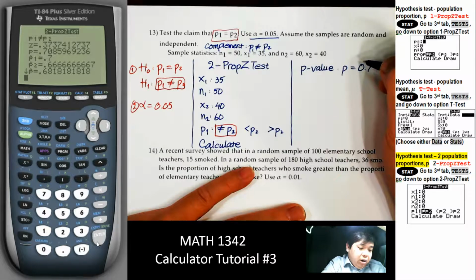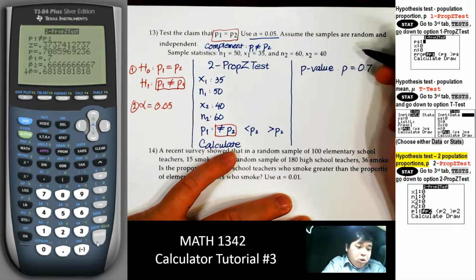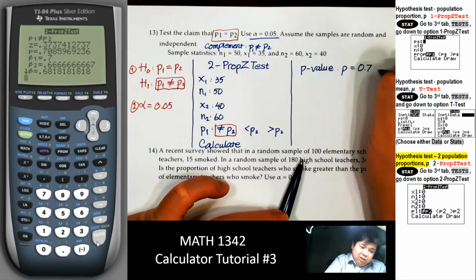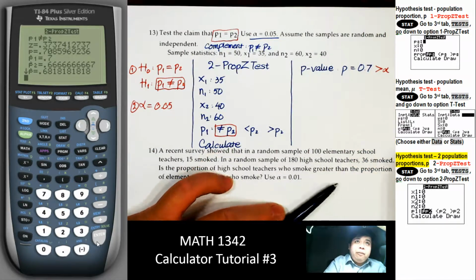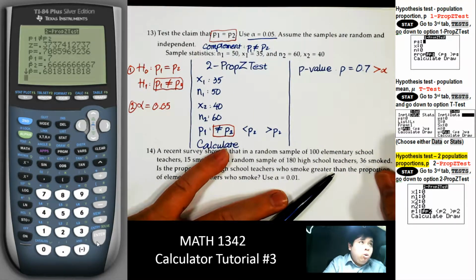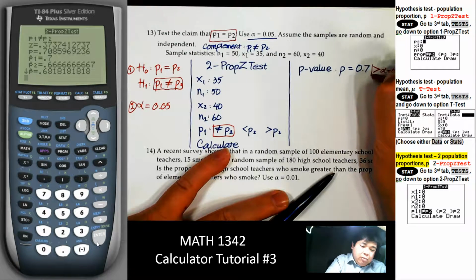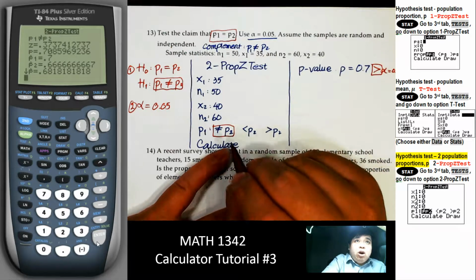And that is much bigger than alpha, 0.05. So if it is bigger than alpha, we do not reject it.